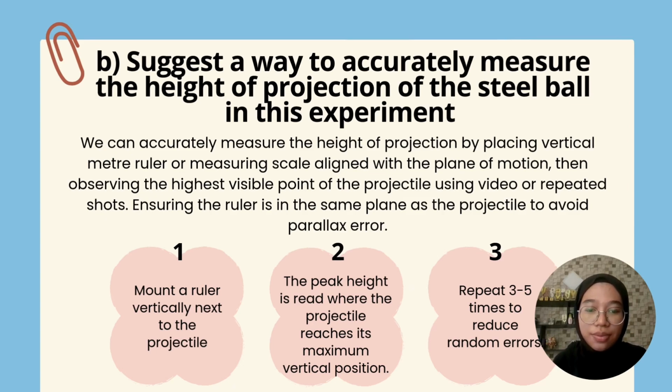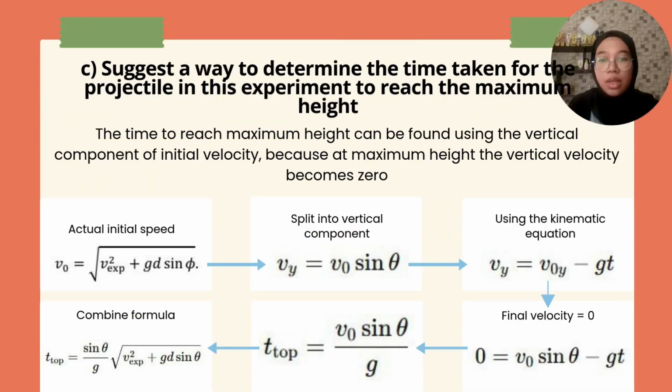For question C, suggest a way to determine the time taken for the projectile in this experiment to reach the maximum height. In order to calculate the time, the maximum height can be found by using the vertical component of initial velocity. This is because at the maximum height, the velocity becomes zero.